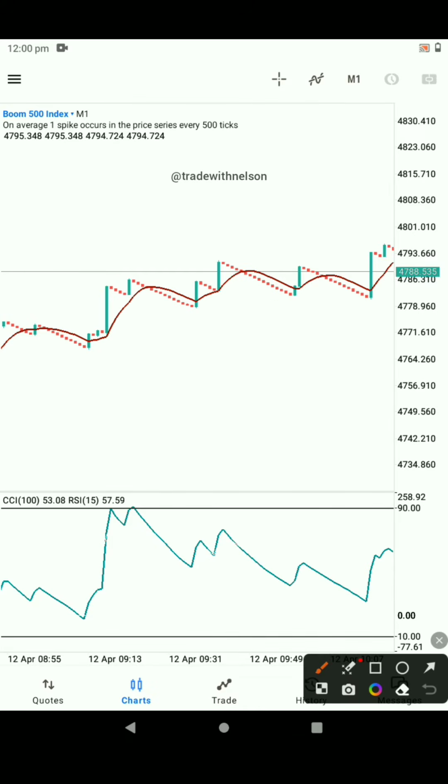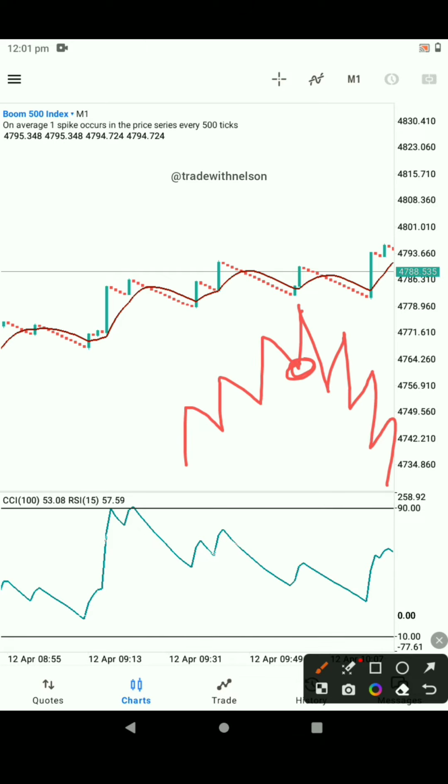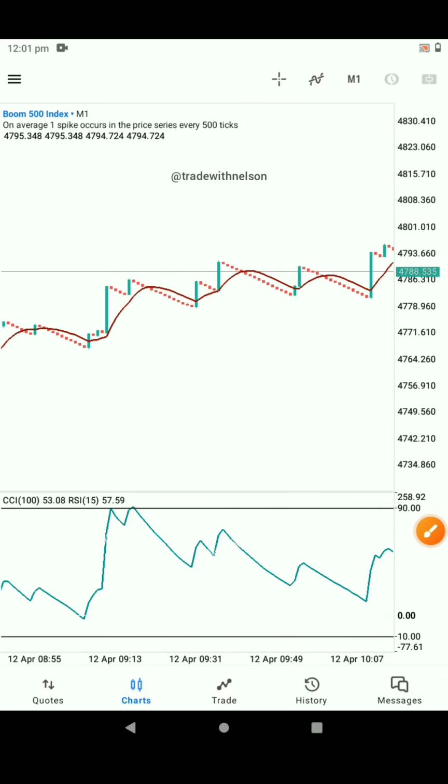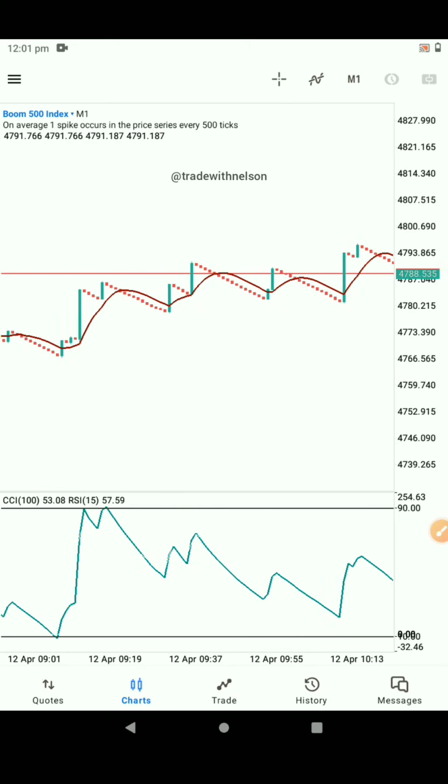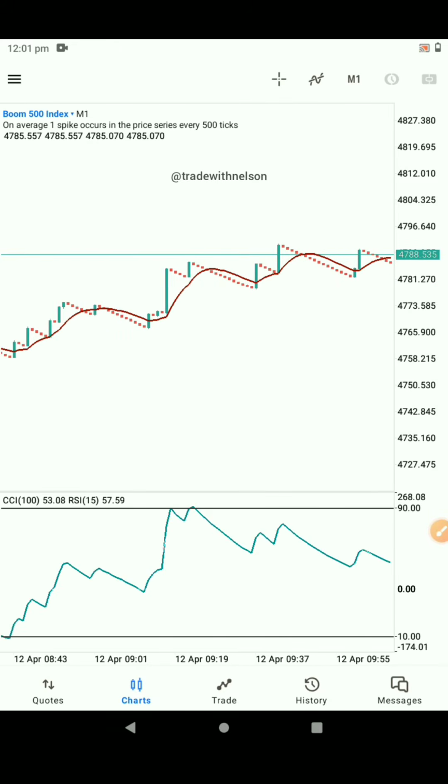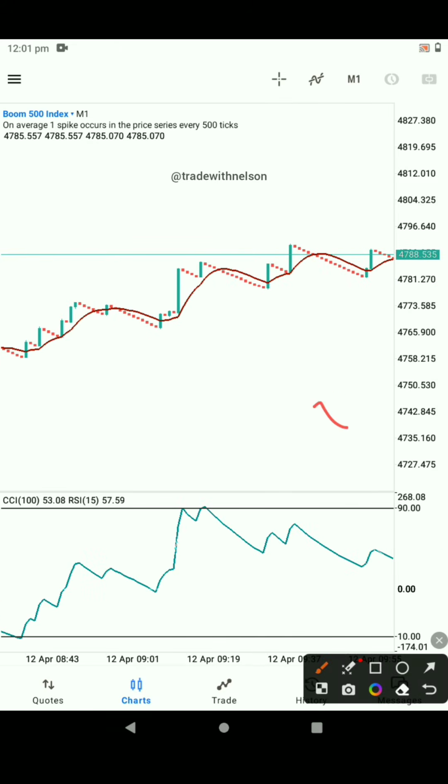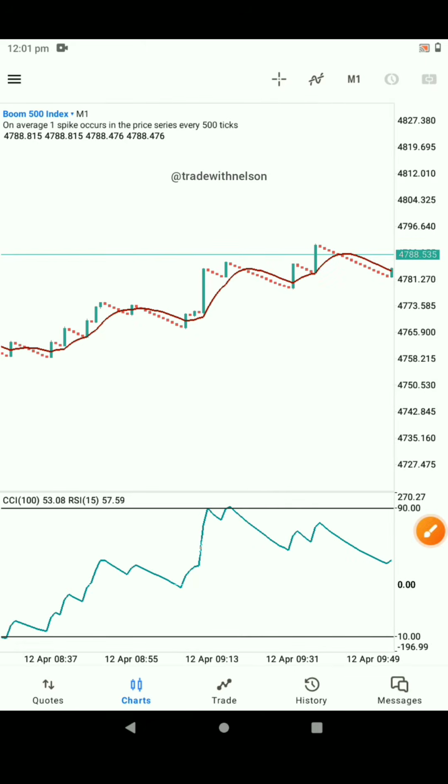And for the downtrend, the market is coming from an uptrend, high. Once the market goes below this low, then it is likely to continue down. This thing you see over here is very, very effective in the boom and crash market. In the volatility market, it may not be as clear, but in the boom and crash market, it is well respected.